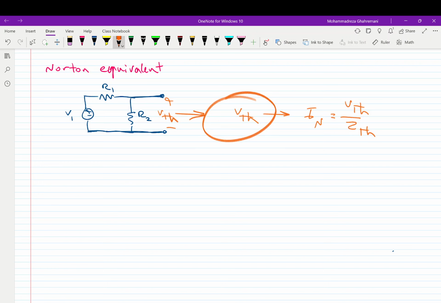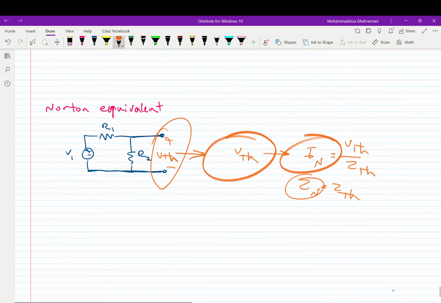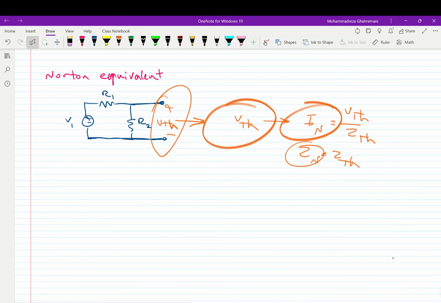So we find VThevenin and then we find R Norton. Z Norton, of course, is the same as Z Thevenin. For finding V Thevenin, we keep this part of the circuit open circuit and find the voltage across it.